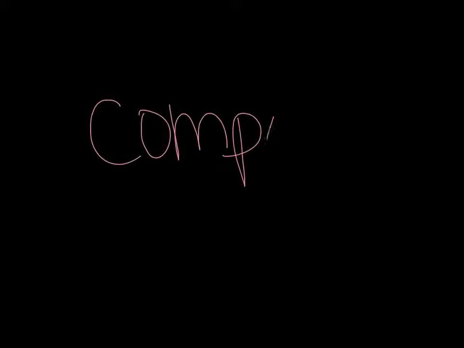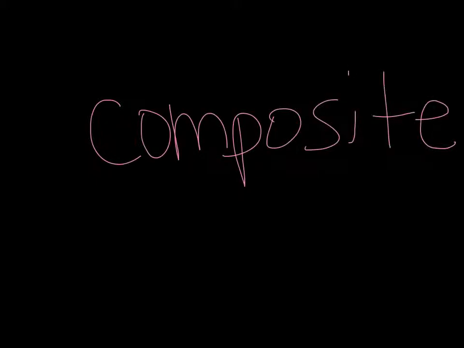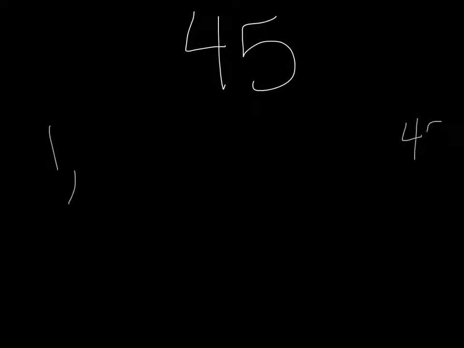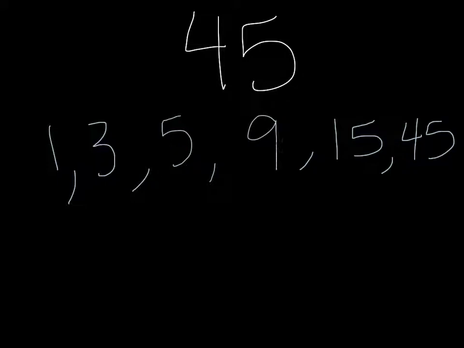Numbers that are divisible by more than two numbers are called composite numbers. For example, the number 45 is divisible by 1 and 45, 3 and 15, 5 and 9.